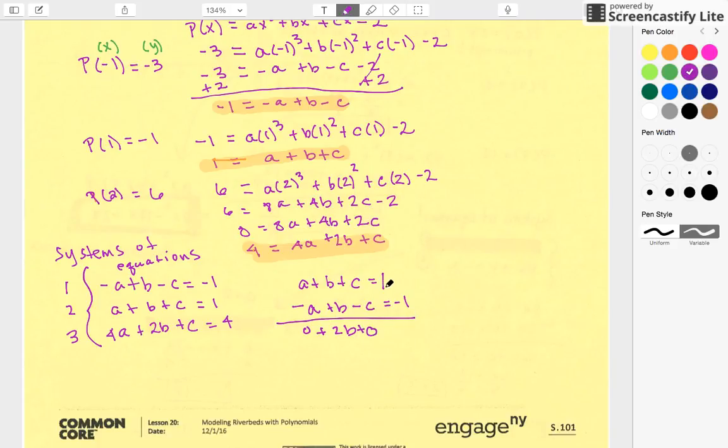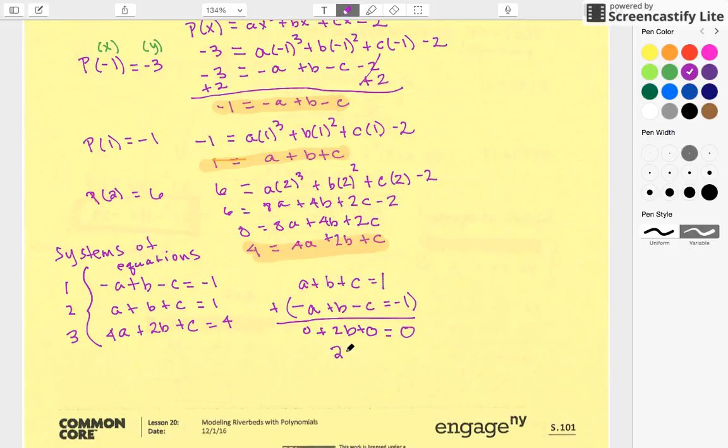And then 1 plus -1. Really, since we are canceling out some, a minus a is 0, b plus b is 2b, c minus c is 0, and 1 plus -1 is also 0.